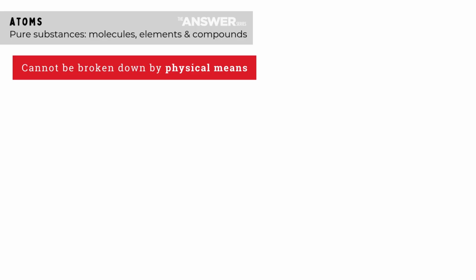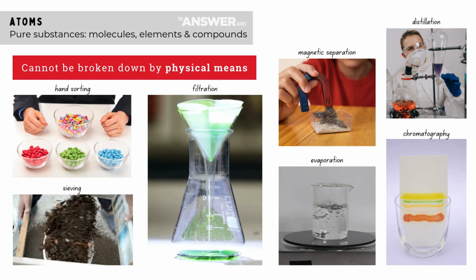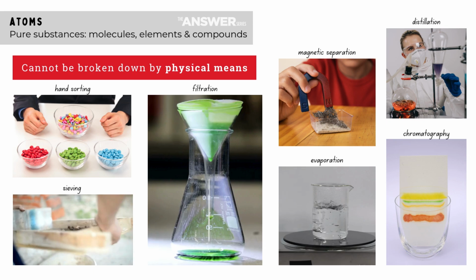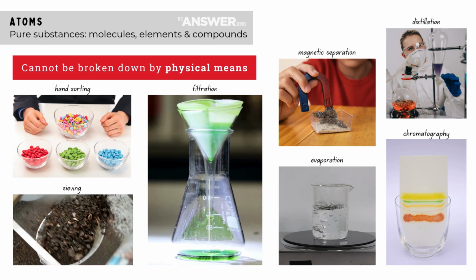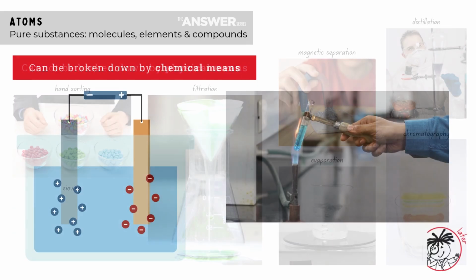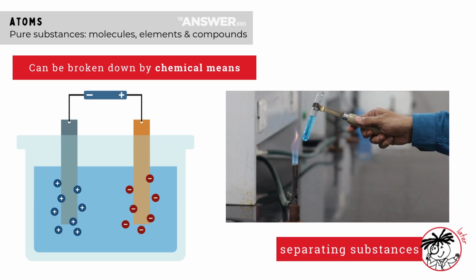Physical means of separating substances include hand sorting, sieving, filtration, magnetic separation, distillation, evaporation, and chromatography. So even though pure substances can't be separated by physical means, some can be broken down into their component parts by chemical means.